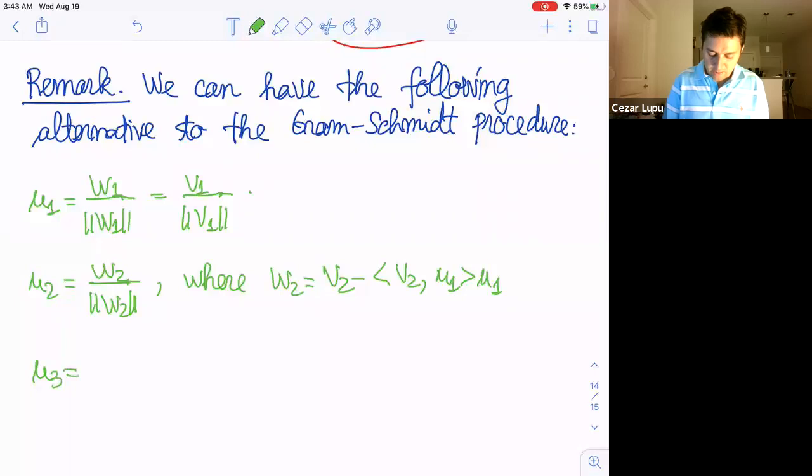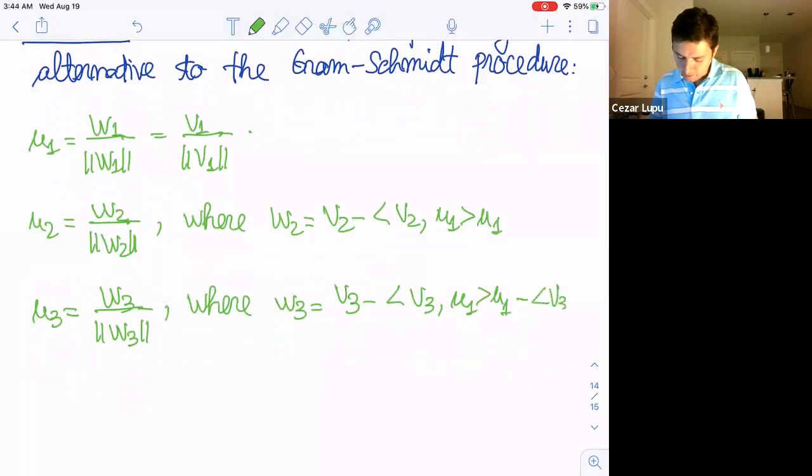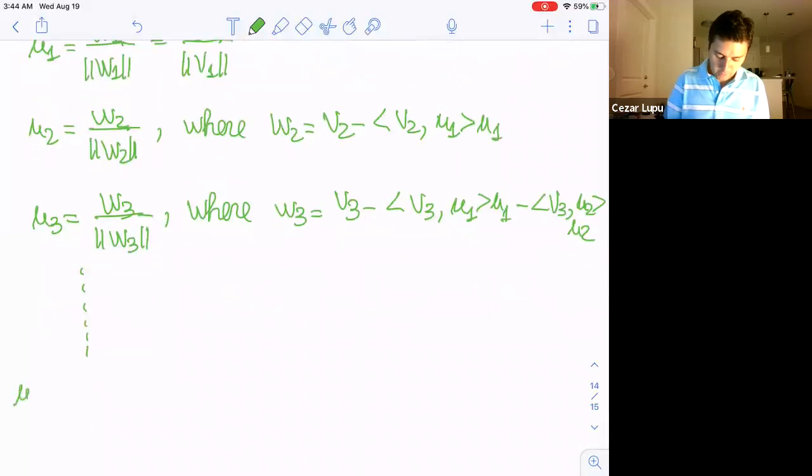Now we can write U3 as W3 over the length of W3, where W3 will be nothing else than just V3 minus the inner product of V3 and U1, U1, minus the inner product between V3 and U2, U2, and we keep going all the way to the last one.